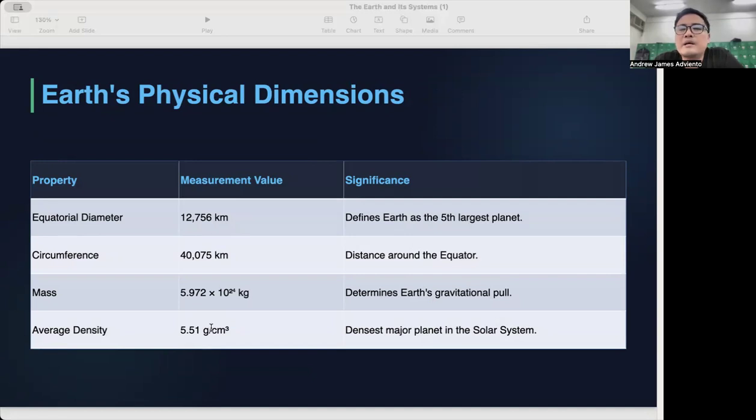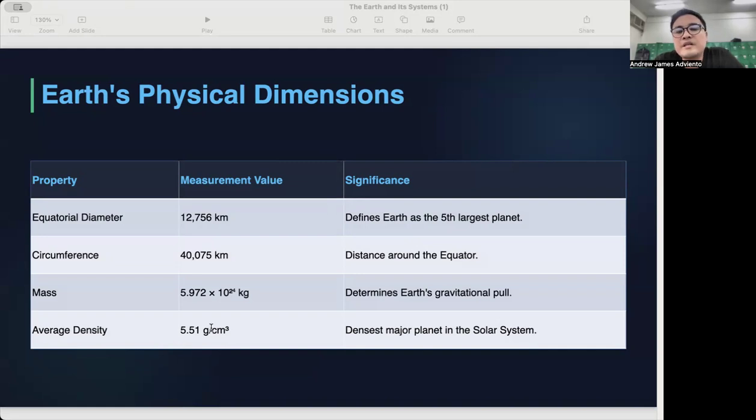So, how big is it really? If you were to drive a car around the equator, you'd cover over 40,000 kilometers. Looking at this table, we notice the equatorial diameter is around 12,756 kilometers.